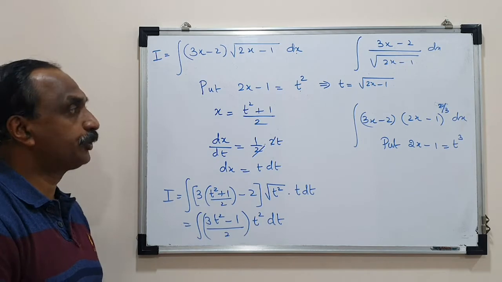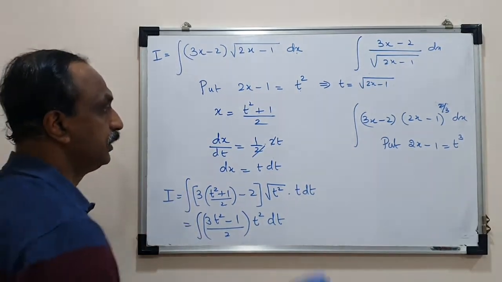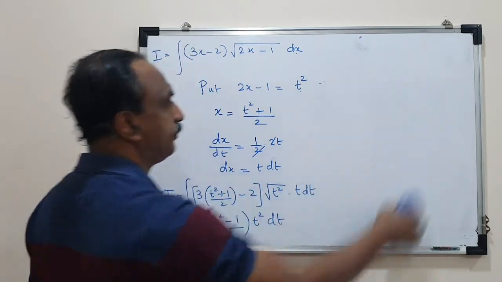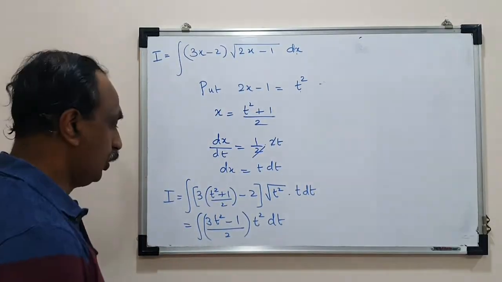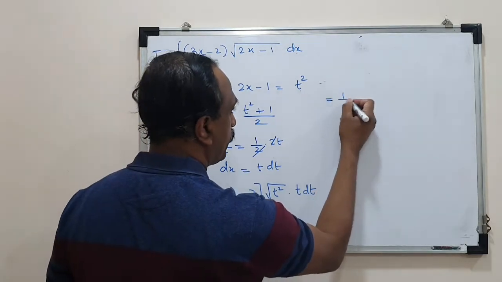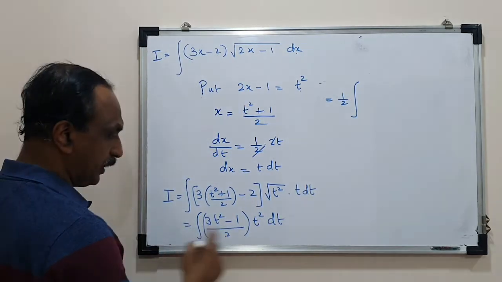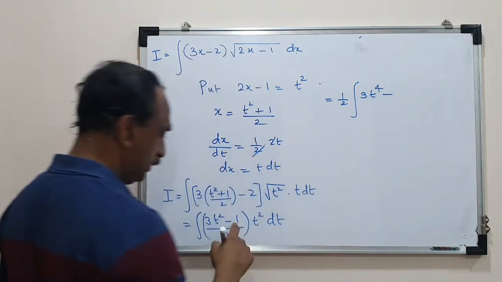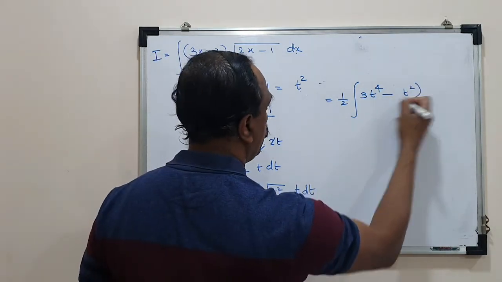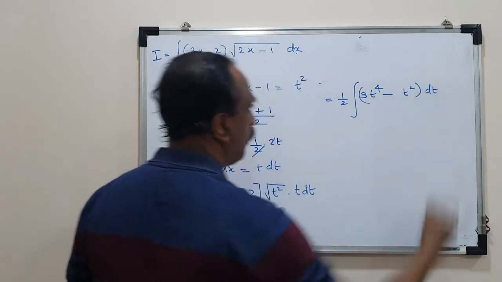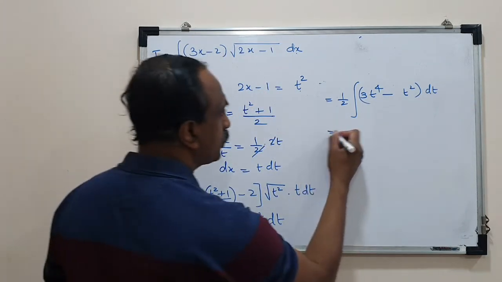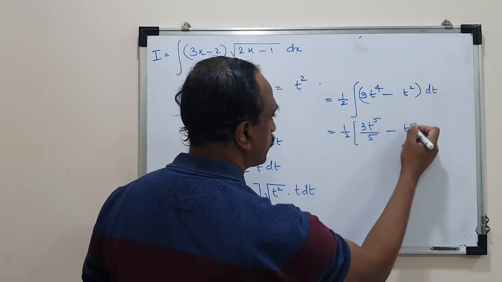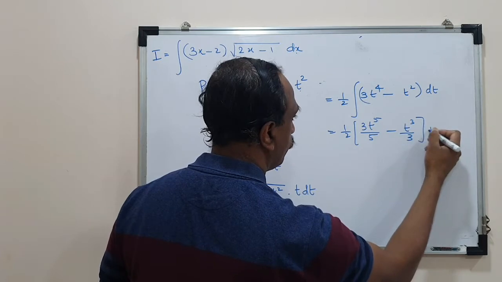Now it is possible for you to integrate the whole term without much difficulty. I will take 1 by 2 outside the integral, open the bracket: 3t raised to 4 minus t square, into dt. Now every term is integrable here. So 1 by 2 is common: 3t raised to 5 upon 5 minus t cube by 3 plus c.